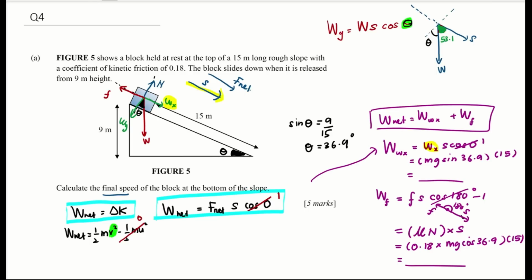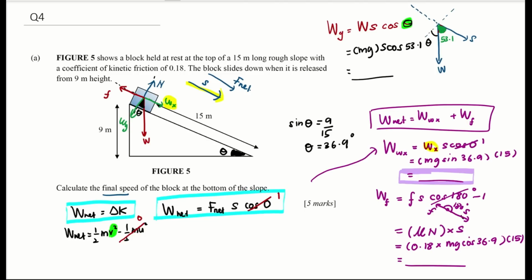Boleh? Awak akan tengok nanti jawapan pada sini, okay, WX ini, yang saya highlight dengan warna purple ni, dia akan sama dekat sini. Yang awak kira dekat sini atas. So, dia akan jadi mg, weight dia adalah, and then times dengan displacement S. Cos theta tu tak boleh lah cos kosong. Dia adalah 53.1.